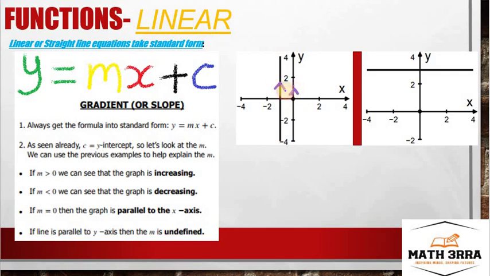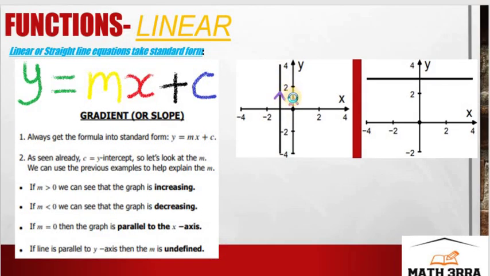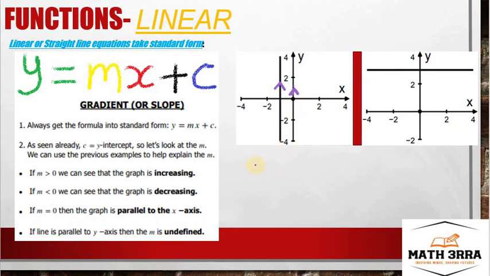When the gradient of a line is parallel to the y-axis, the gradient of that line is undefined. A line that is parallel to the y-axis has a gradient that is undefined. In other words, I am saying to you, the gradient of the y-axis is undefined itself, right?